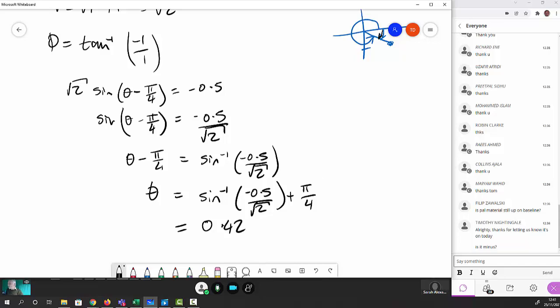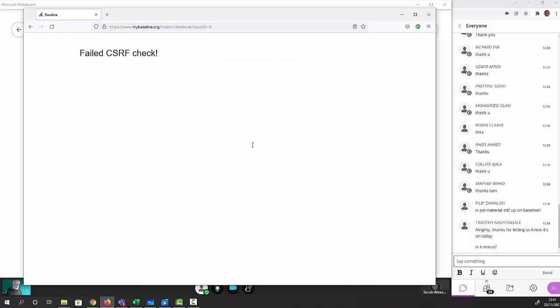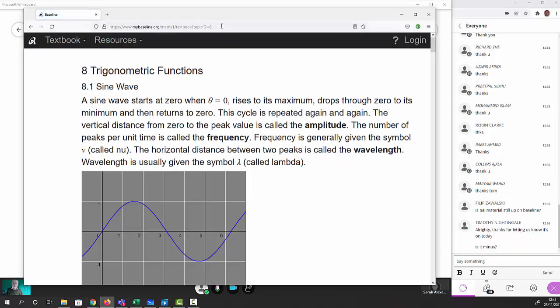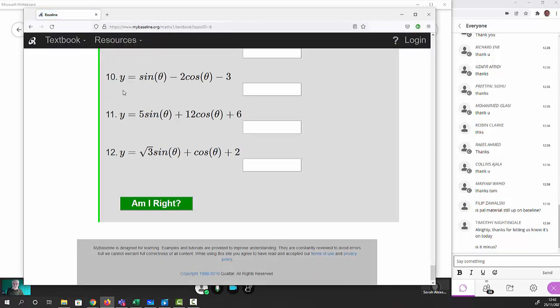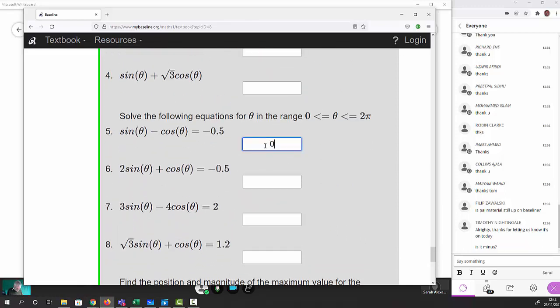Okay, so then I'll drag this in here. I'm going to say 0.42, enter. It's timed out, so redo that, go to the bottom, it was this question, 0.42. Ta-da! And that's the value. The others are similar to this. They're going to carry on in that way.